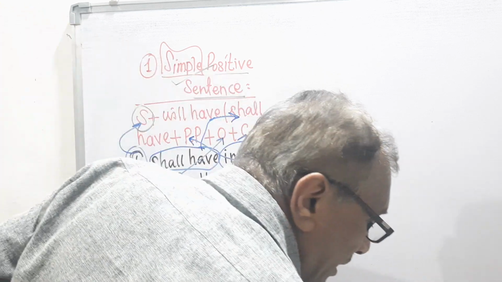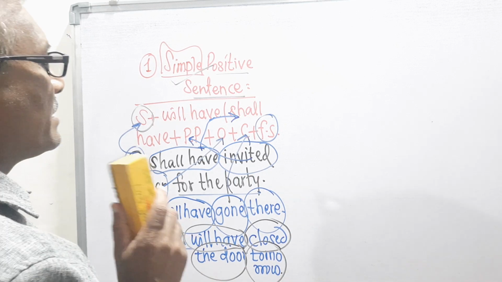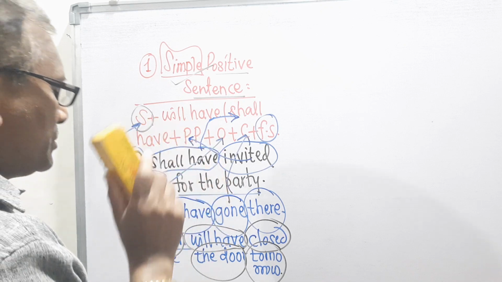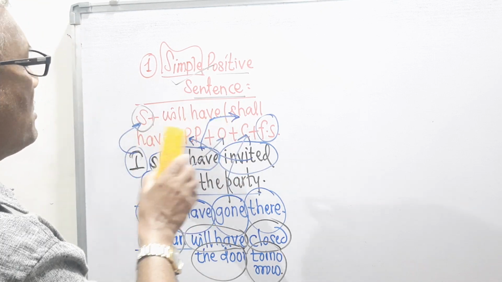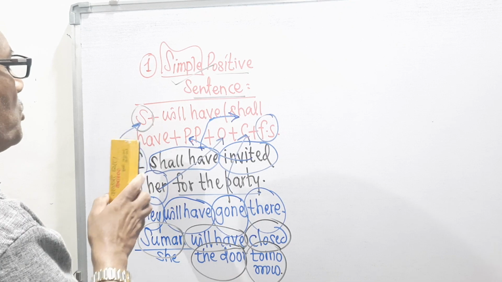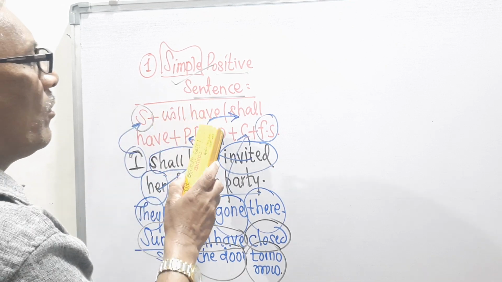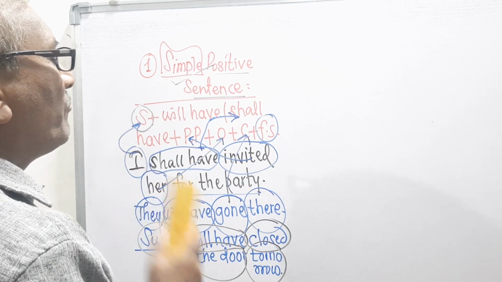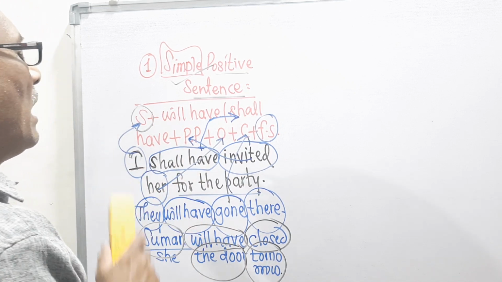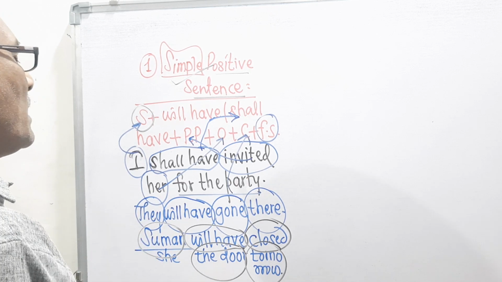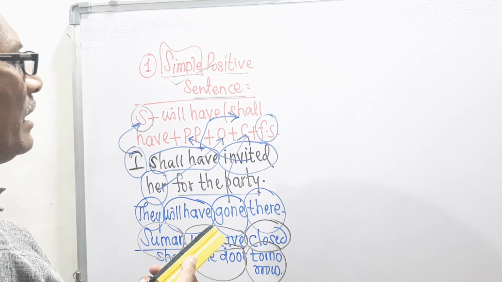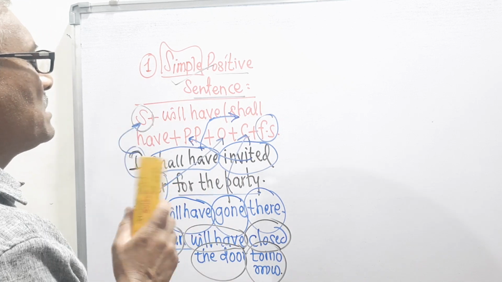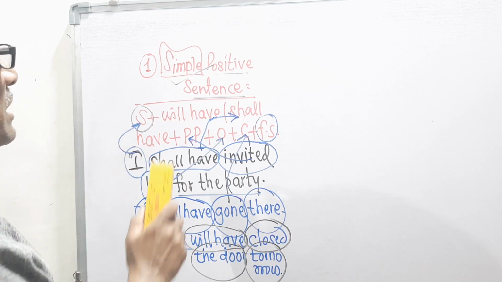So in this way we can talk, we can speak, we can write the simple positive structure, and the structure is written here that there should be the subject, then will have or shall have. So remember, if the subjects are I, we, then we can say shall have, and if the subjects are you, they, he, she, it, then we can take will have.